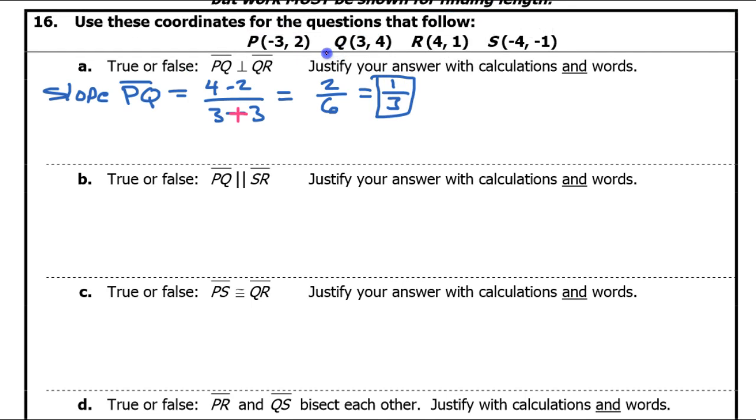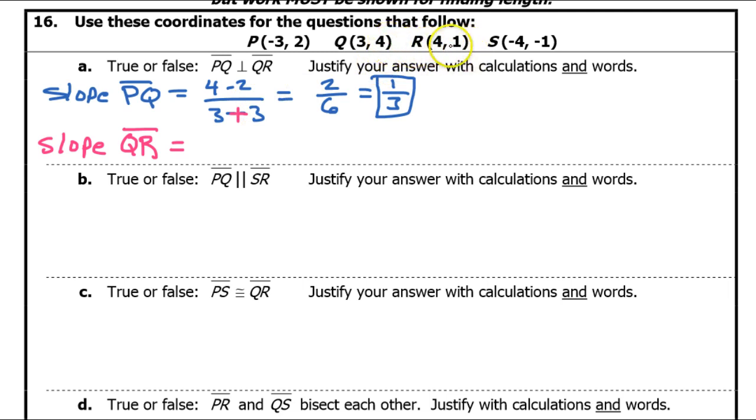Now let's find the slope of segment QR. Again, it's y minus y over x minus x.